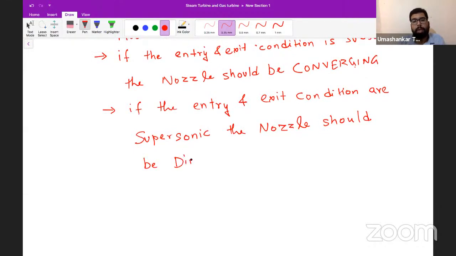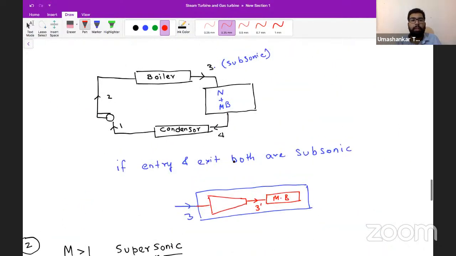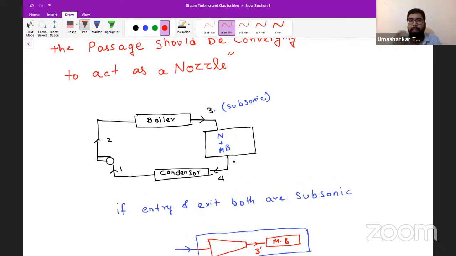But you can understand something here: to have supersonic entry conditions right from the start is very difficult, because in our power plant, before entering the nozzle, the steam came out from the boiler.